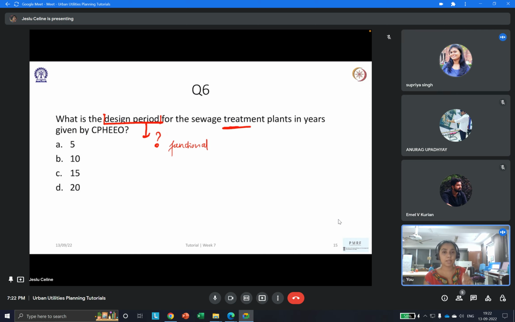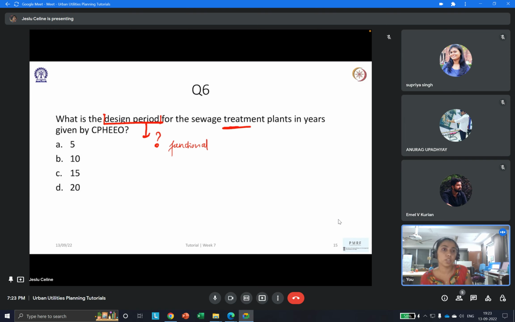Correct, absolutely. We've learned about design period in our initial lectures, where we even calculated the design period for these components. It considers all the aspects before we design, so that we know for how many years any facility is designed. In this lecture we are talking about urban utilities, that is sanitation, water supply, all that.